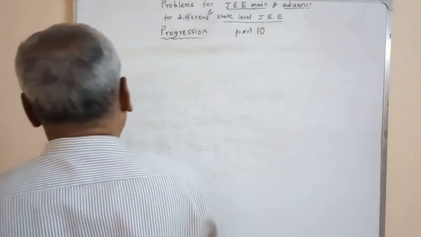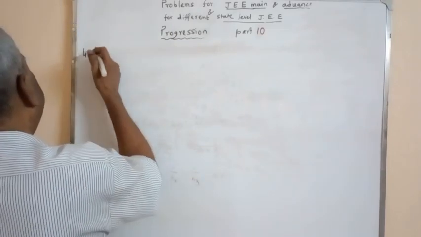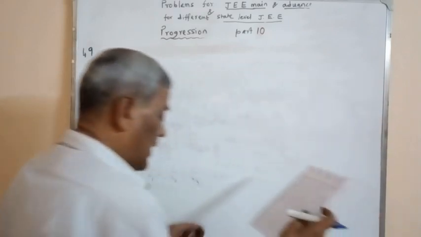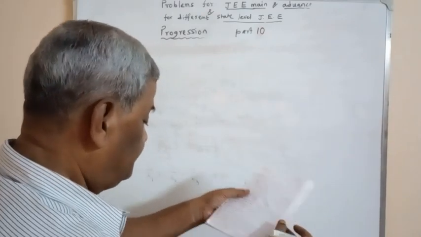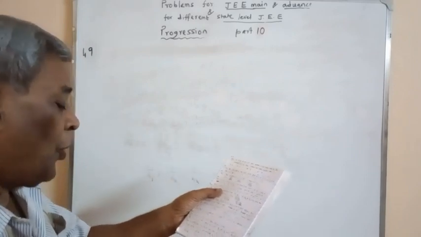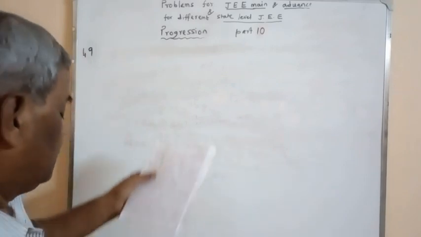Problem number 49. Three positive numbers form an increasing GP.